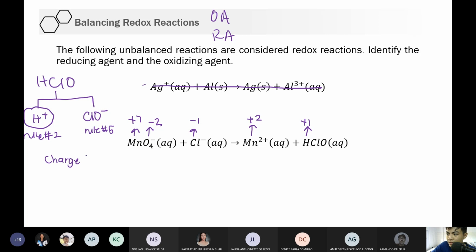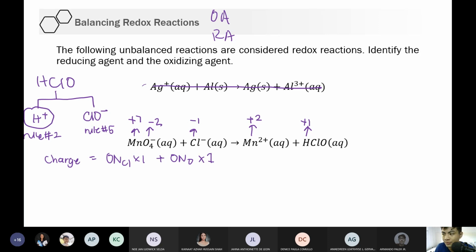So, charge is equal to oxidation number of chlorine times 1, oxidation number of oxygen times 1. Ito na. Dito tayo magkakasabukan. Bakit? Kasi dalawa silang may sinabi sa rule.